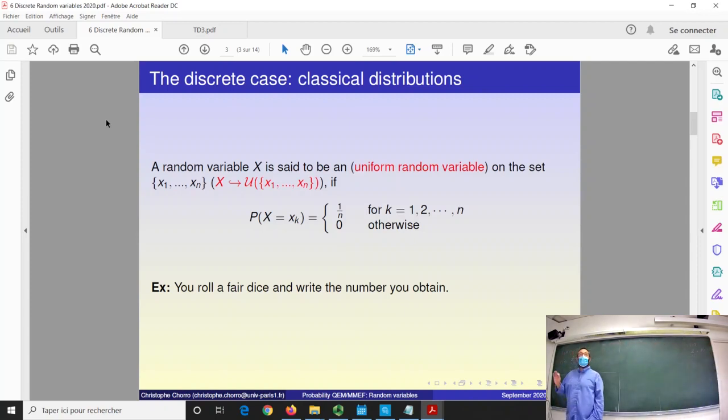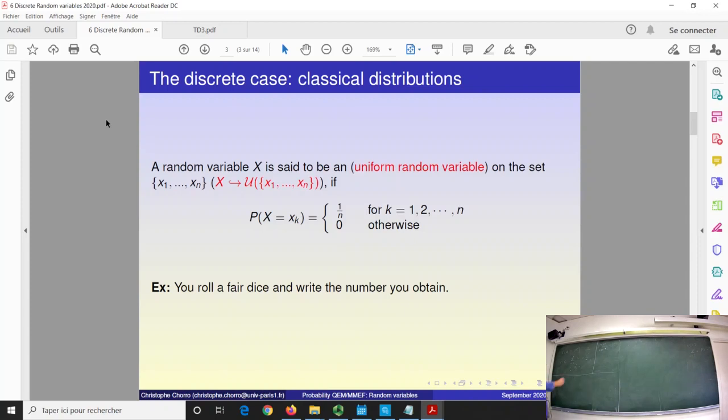So I have this one. If I want to continue, I need to specify the values. For example, a little subcase: if I take x1 equal to 1 and xn equal to n, why not? Meaning that I have a uniform on 1, 2, 3, ..., n.